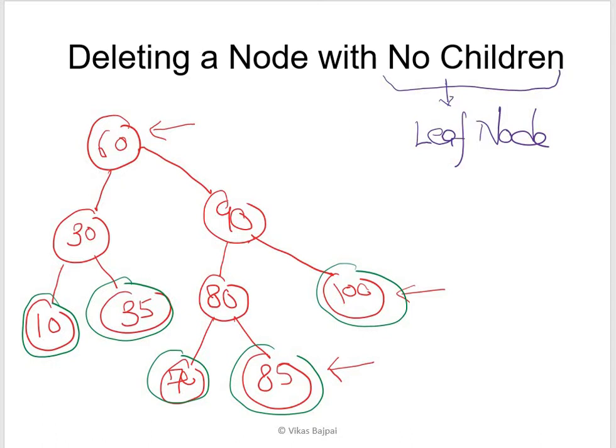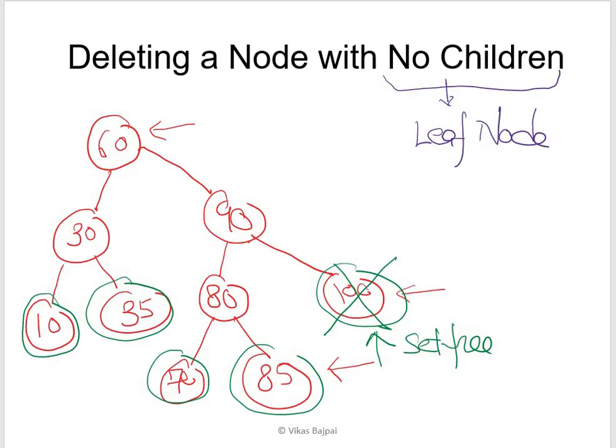So what I'm supposed to do is simply make this particular value free. I'll set this free. I'll delete this particular node, let's say.